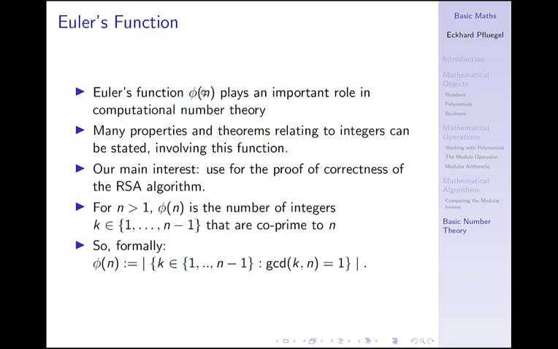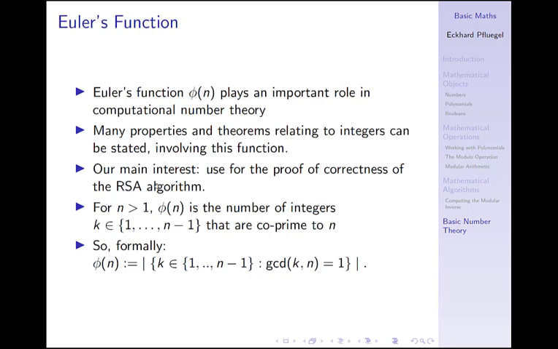It's also very useful for proofs. So later, in a different lecture, you will see that you can use it to prove that the RSA algorithm actually works. So how do we define it?